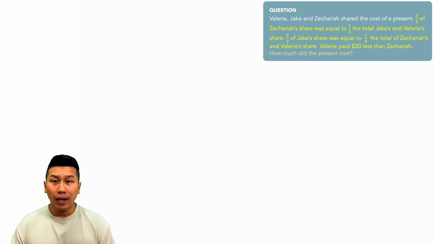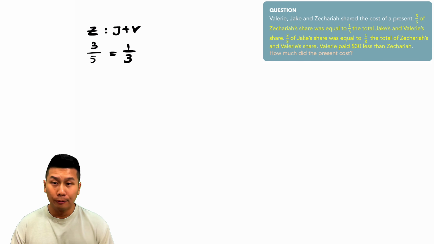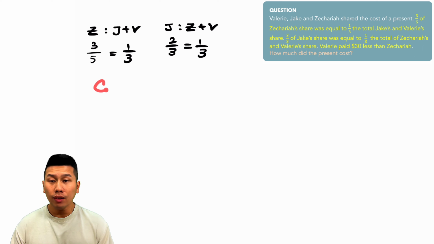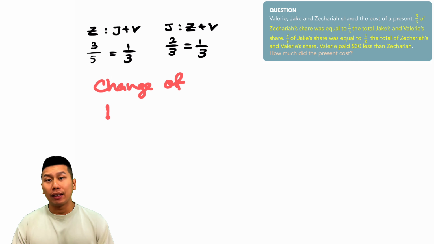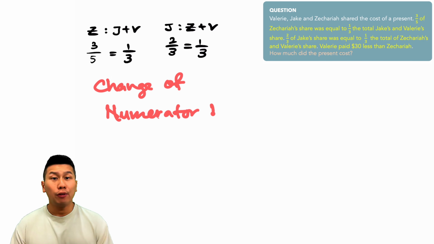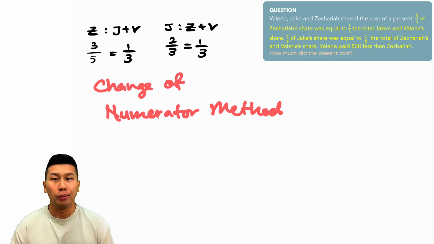We start off with Zechariah's, which is represented by Z, is to Jake and Valerie, J and V. So 3/5 is equal to 1/3. While J is to Z and V, based on here, we have 2/3 equal to 1/3. So applying the change of numerator method, we need to convert the equivalent fractions to have the least common numerator.